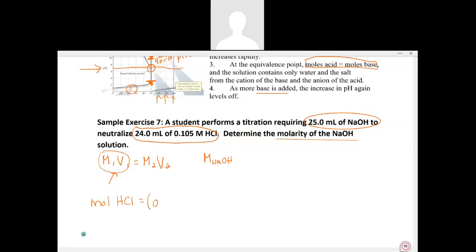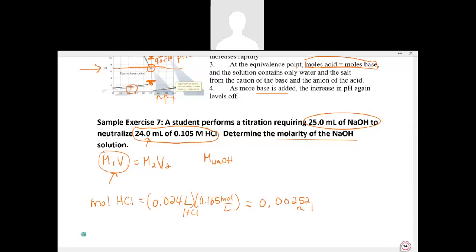We needed 0.024 liters in our beaker, 24 milliliters of this 0.105 molar HCl. This is our acid. So we're multiplying liters times moles per liter, and we see that we have 0.00252 moles. And we know that this is in a volume of 0.025 liters to reach our endpoint here.